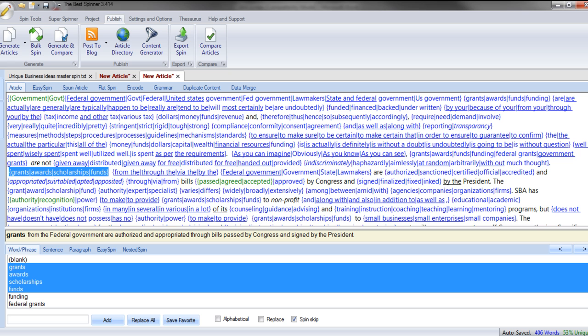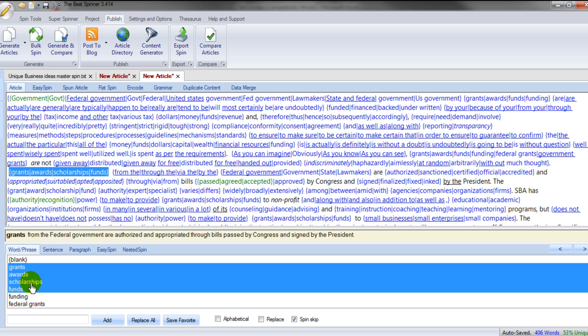Get this? One thing to be understood is that just because these keywords all relate to money, grants, they're not the same. For instance, grants, awards, and scholarships are very different. Grants are free money, awards are also free money, scholarships could be money, but scholarships are mostly for educational purposes.